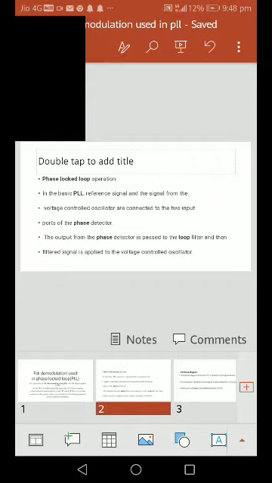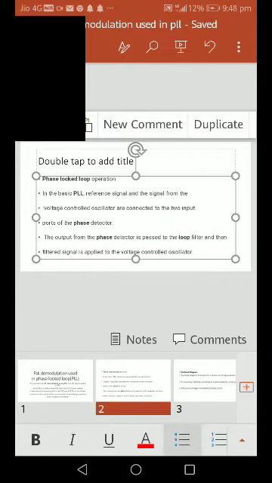The output from the phase detector is passed to the loop filter, and then the filtered signal is applied to the voltage controlled oscillator.